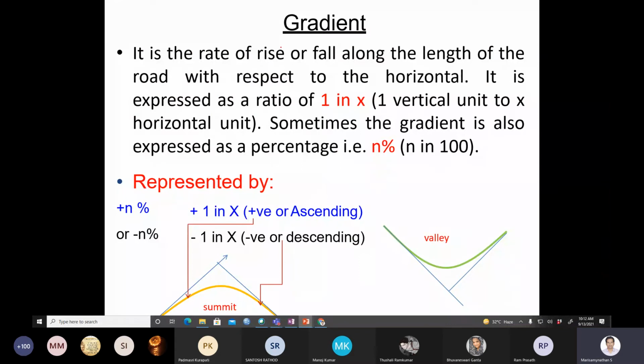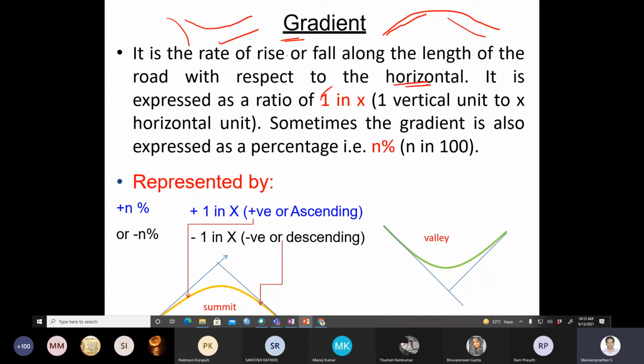The gradient is how much percentage the change is happening. Suddenly we are not falling, right? The gradual increment is happening, and the downward also is gradual. The gradient is defined with respect to the rate of rise and the rate of fall, with respect to the horizontal length of the road.